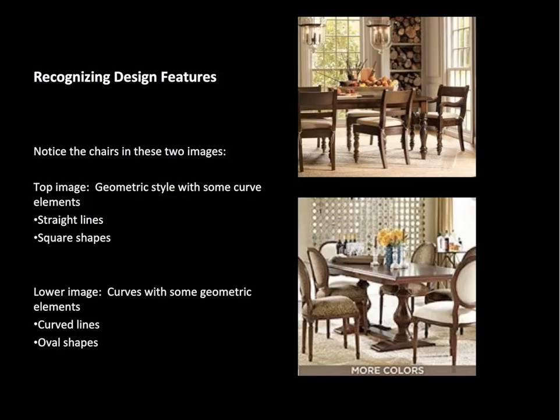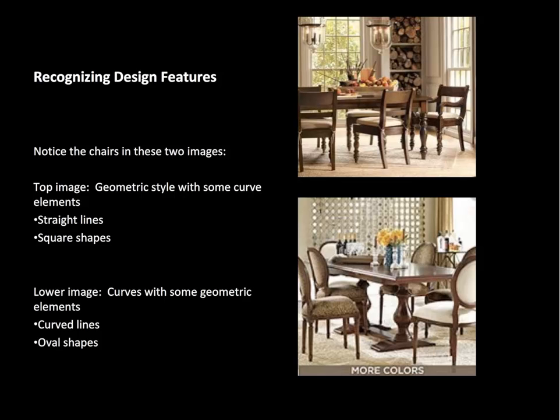So let's look at how we can recognize these design features. We have two images here. The top one, to me, has a very strong geometric style with a little bit of curves. So most of the style is geometric.